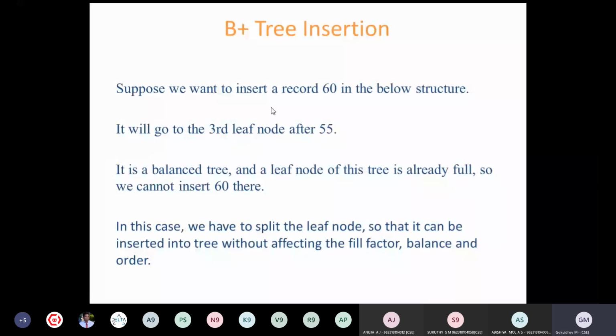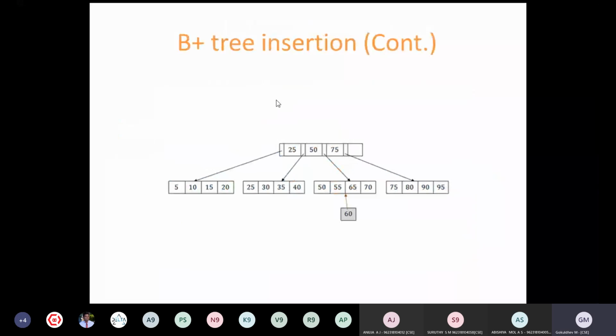So again I will approach the root node. I understand that this 60 comes between the range of 50 and 75. So after understanding this first criterion, I will move to the rightmost child. As 60 is greater than this pivot element 50, I will move to the right side of this 50, or I will go to the right child.